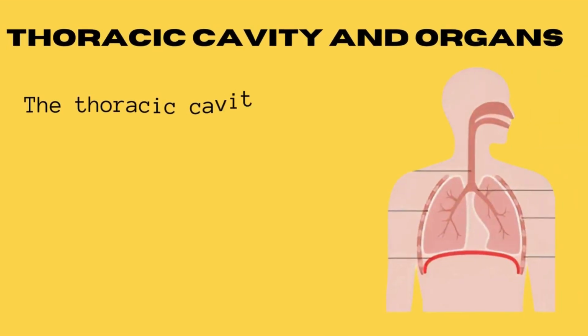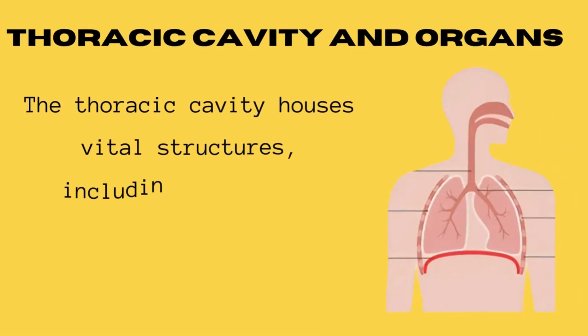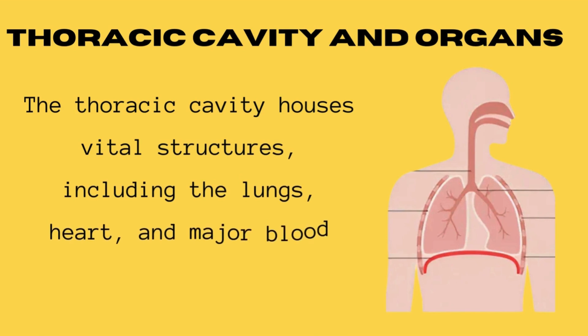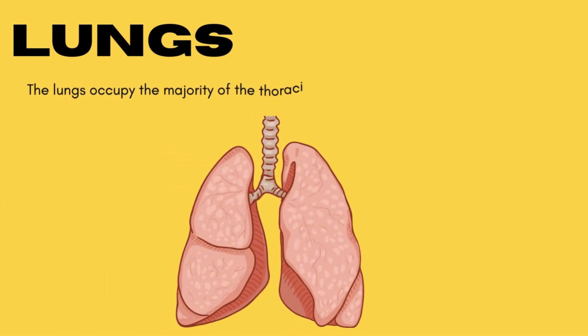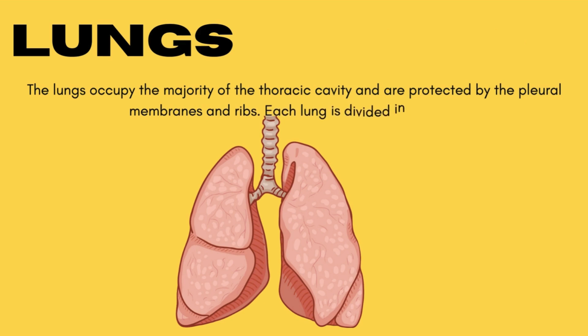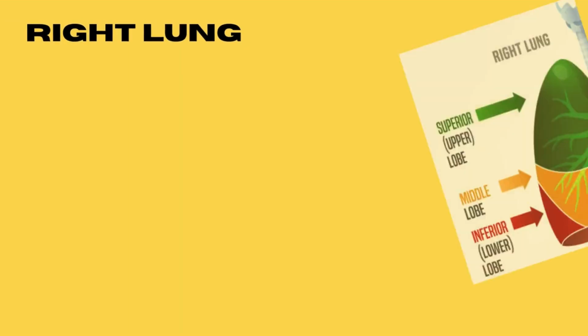Thoracic cavity and organs. The thoracic cavity houses vital structures, including the lungs, heart, and major blood vessels. Lungs. The lungs occupy the majority of the thoracic cavity and are protected by the pleural membranes and ribs. Each lung is divided into lobes. Right lung.